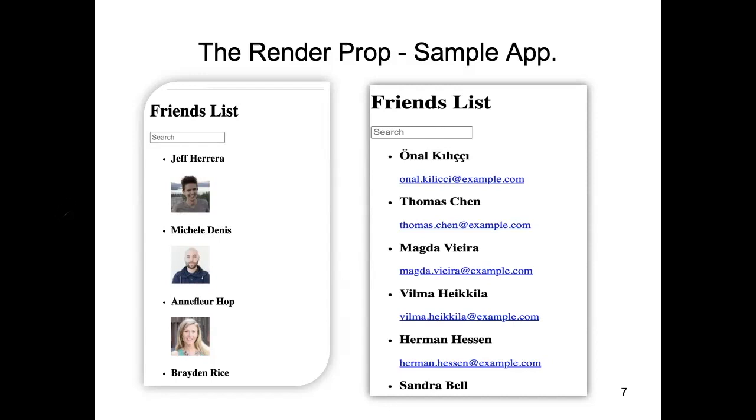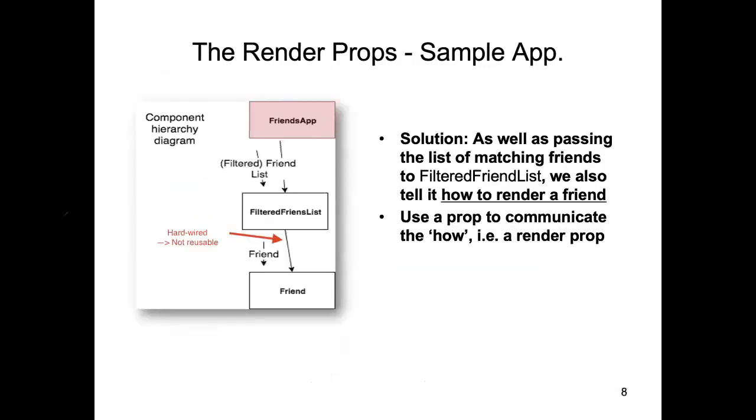So there's clearly an opportunity to have some reusable components between those two pages. Now, we know from the previous lecture that this was the design that I gave you. But the problem with the design is that this relationship here is hard-coded, which means the only way this component is going to work is by rendering friends as they are encoded in this particular component.